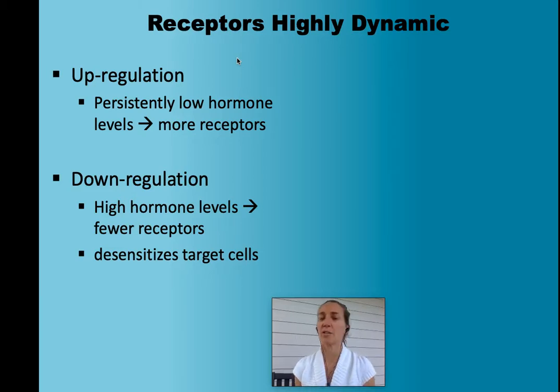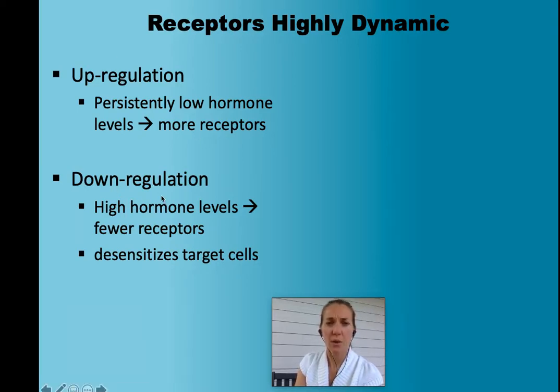So as a woman gets closer and closer to delivery, her uterus is actually going to prepare for the arrival of large quantities of oxytocin. And so by upregulating the number of receptors for that oxytocin in that smooth muscle of the body, the woman is better able to prepare for delivery.